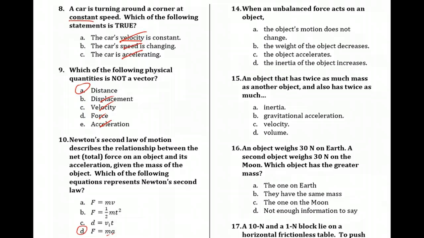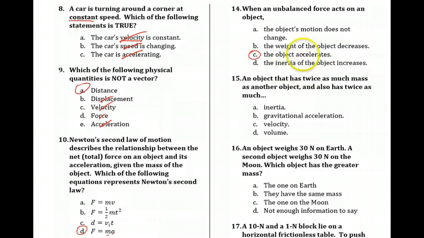Next, when an unbalanced force acts on an object, so this is Newton's first law of motion. The object's going to keep on doing whatever it's doing unless an unbalanced force acts on it. So here you've got, it's going to accelerate, it'll speed up, slow down, or change directions, or any combination of those. Well, it wouldn't speed up and slow down.